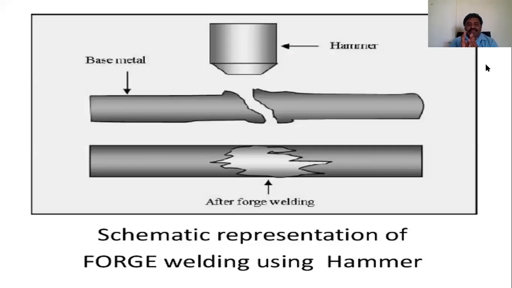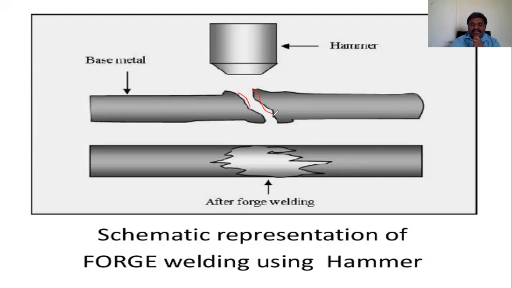From the diagram, the very important point is that forge welding is the oldest method of joining ferrous metals. In this process, the ends of two parts, this is the first part and this is the second part, are heated to a plastic state, that is, above the recrystallization temperature and below the melting temperature.